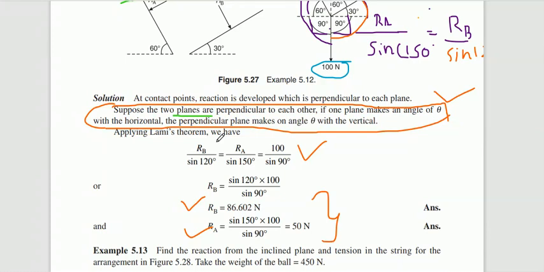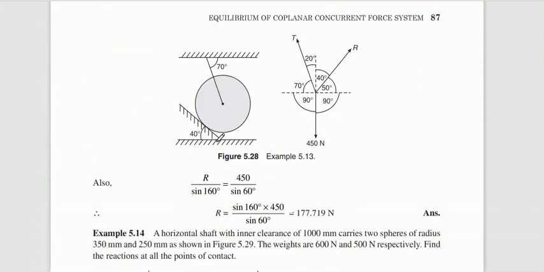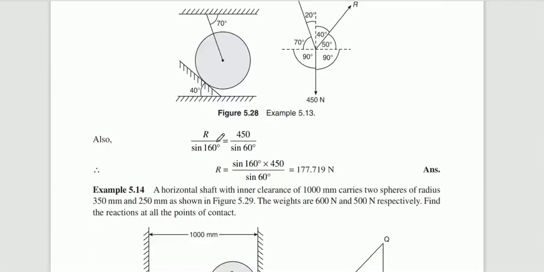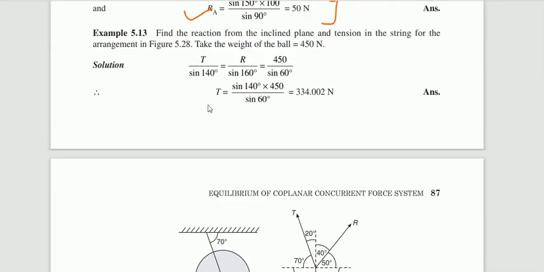Yes, ma'am. Okay. So next we can see another simple problem on one sphere only. Then we can move on to a number of spheres. So now you can observe here, this is the other problem. What is given?